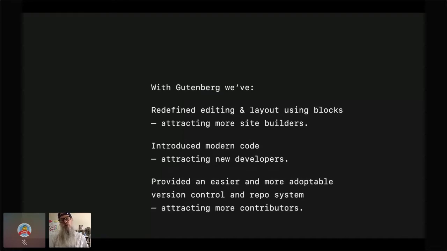So we've also provided an easier and more adoptable version control and repo system right now. It's not completely accepted across all of WordPress work, but in Gutenberg we're using Git and GitHub, and this is attracting more contributors.